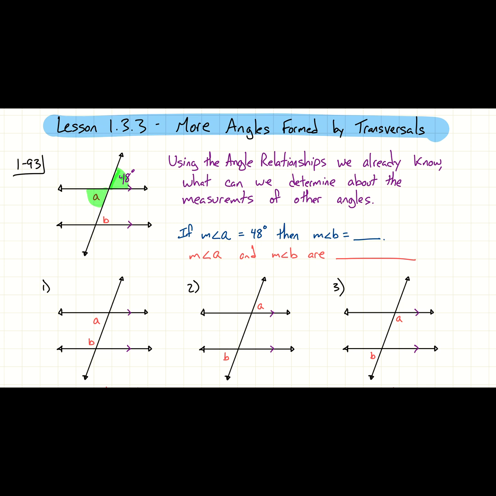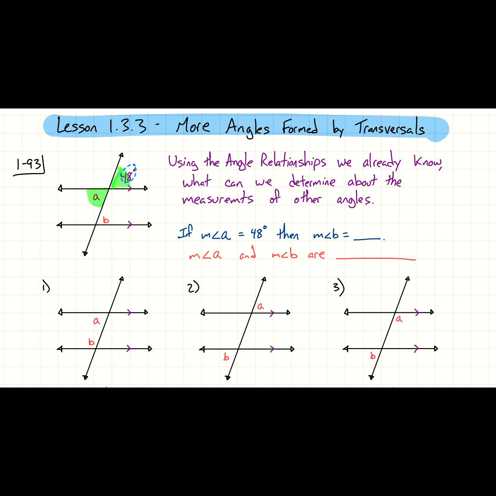There was another angle relationship that we covered, where we talked about corresponding angles. These are angles that, if I slide them along the transversal, you should notice that it fits perfectly on top of angle B. So that means angle B and this angle are the same measurement.